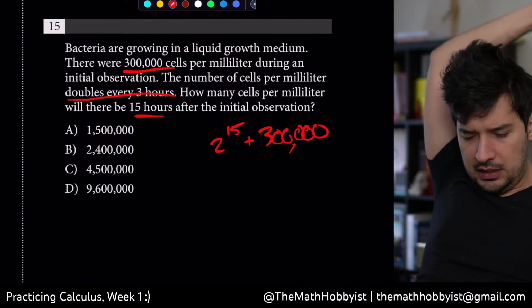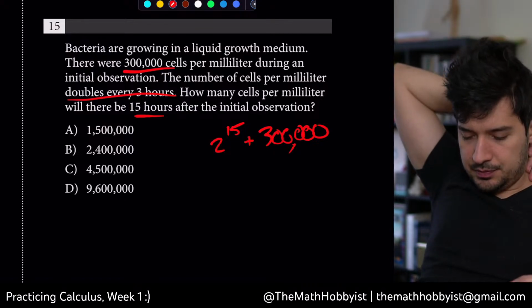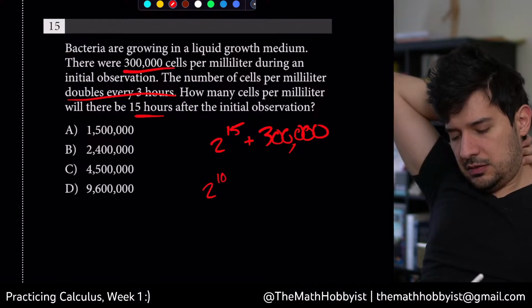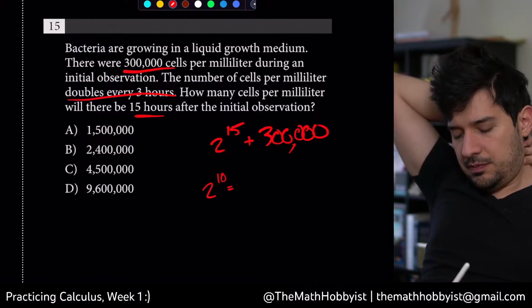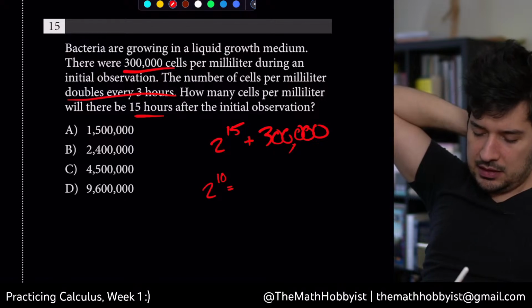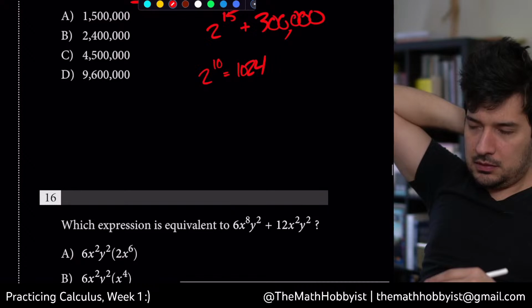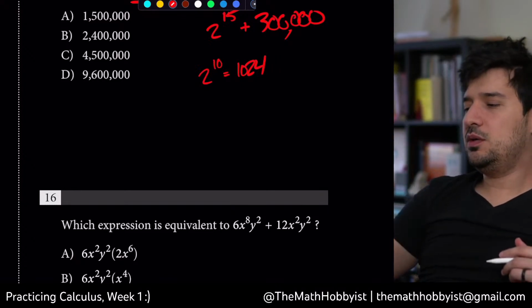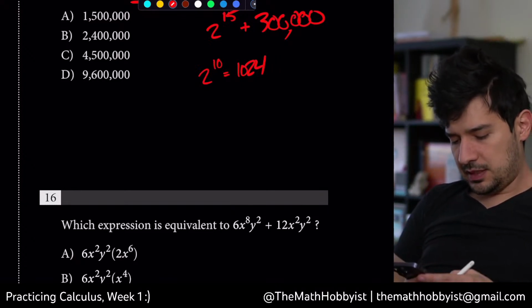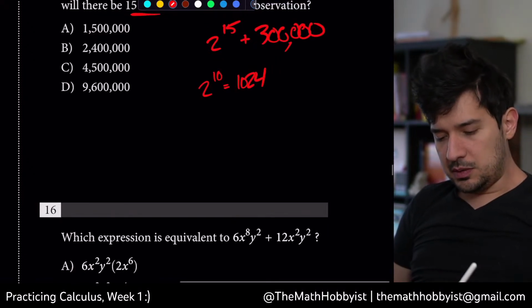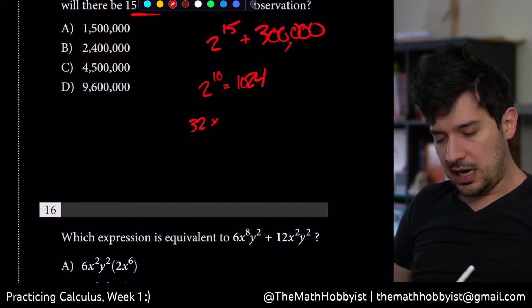But can we get any reasonable things that we can cross out? I don't know. 2 to the 10, I think, is 1024. Isn't that right? 2 to the 10 is 1024, right? Let's get that calculator out. Pretty sure about that. So then we're going to do 32 times 1024.